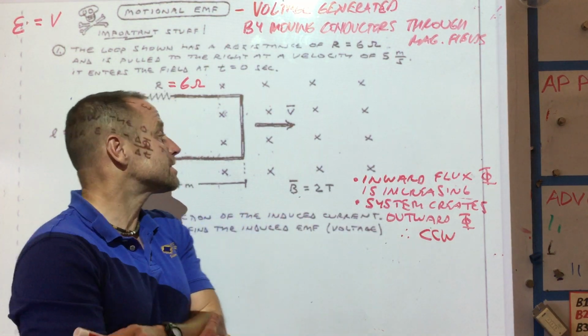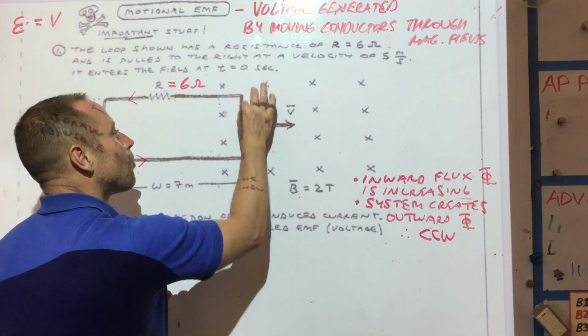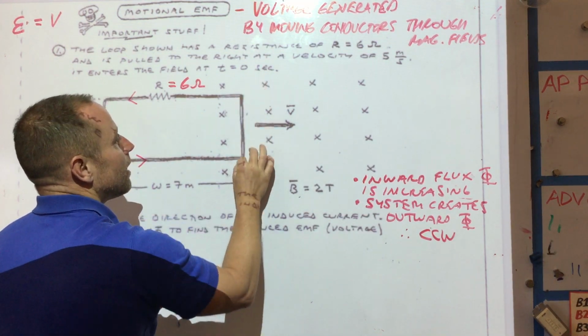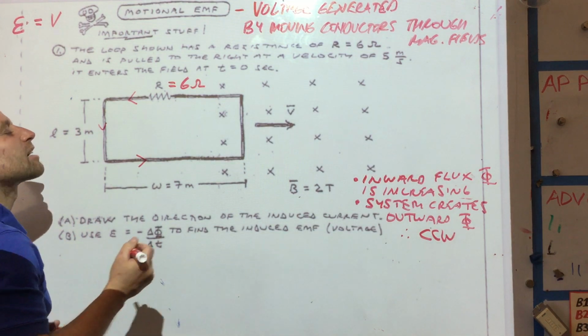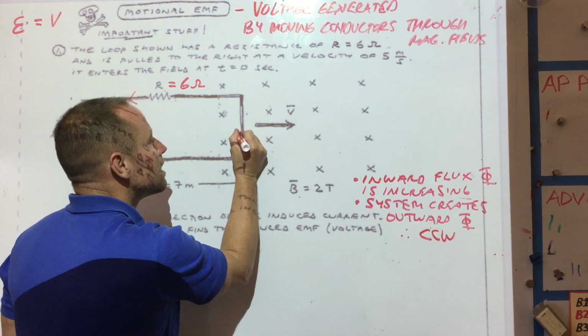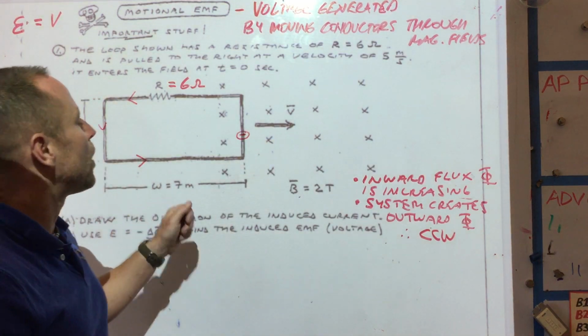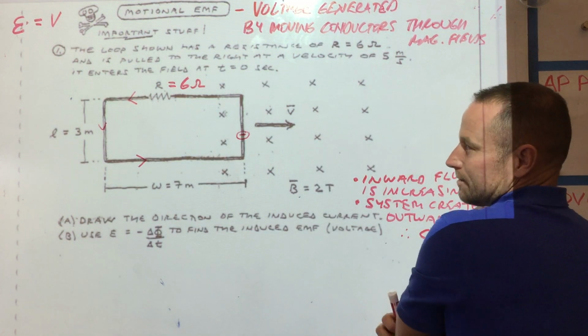Another way to do this is to actually think about the charges that are in this wire, okay? If you imagine the electrons, let's say. You know there's free electrons in conductors. And so what's happening is we'd be pulling that electron to the right through an inward pointing field, right?